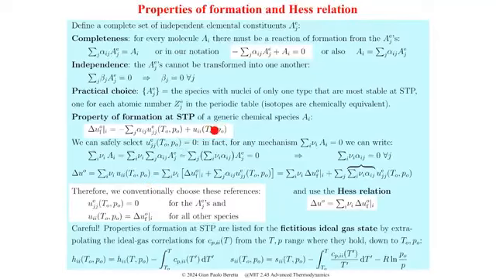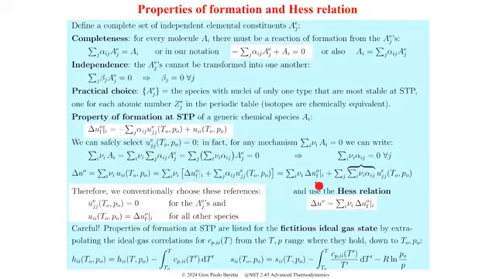If you substitute this expression here, because you see here we have these pure component energies at STP for the substances that appear in your reaction, you can write them in terms of the properties of formation and these other summations that you take on the other side. So this is the substitution.